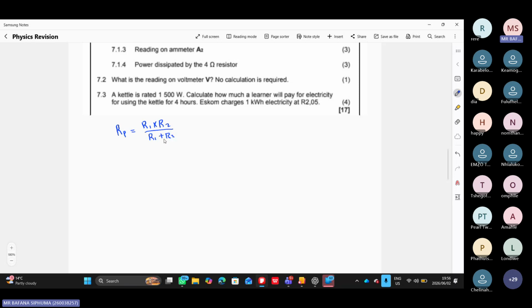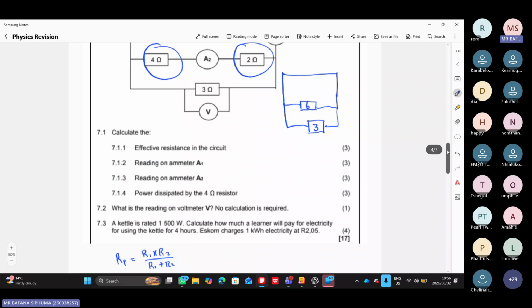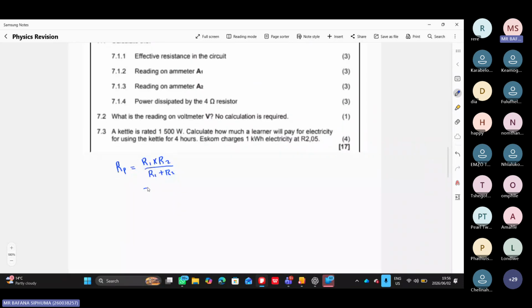This formula only works when we have two resistances that are in parallel. So in this case, it's 6 and 3. So I'm going to say 6 multiplied by 3, divided by 6 plus 3. And then what answer do you get? This is simply 6 times 3, I think it's 18, divided by 9, which I think is 2.